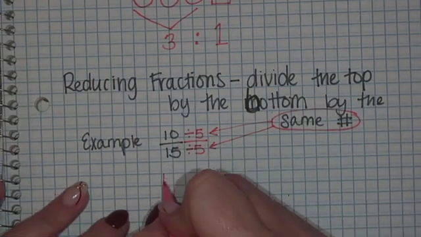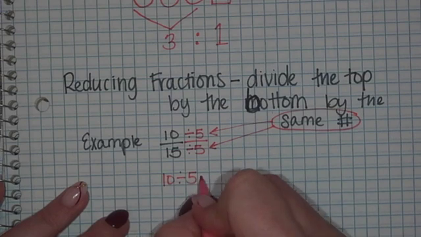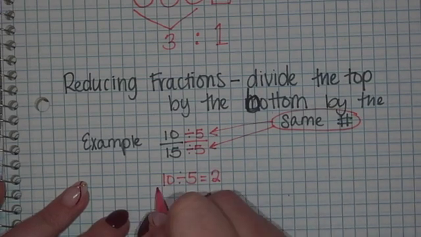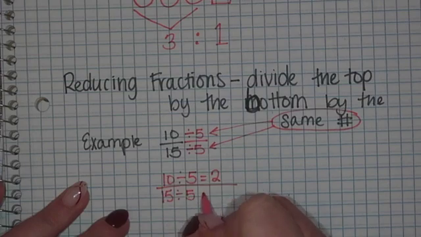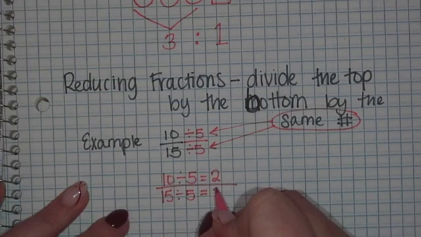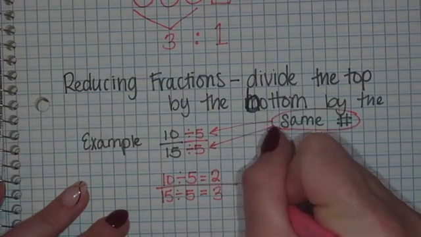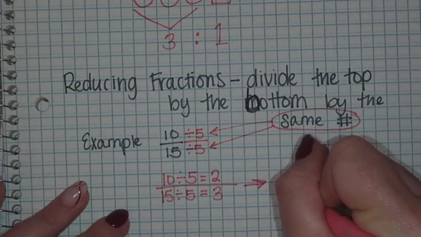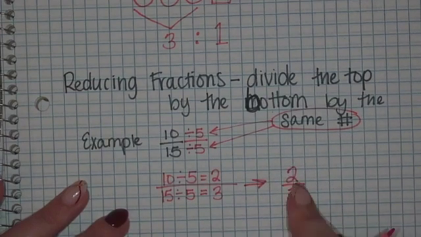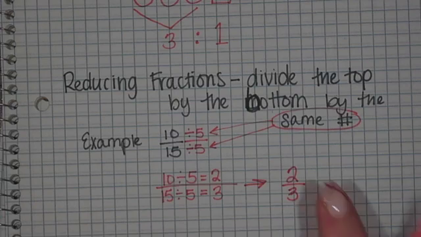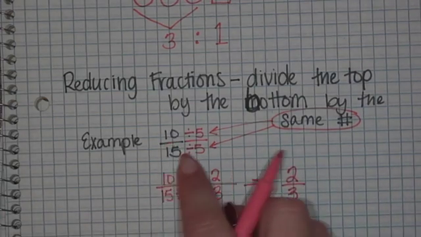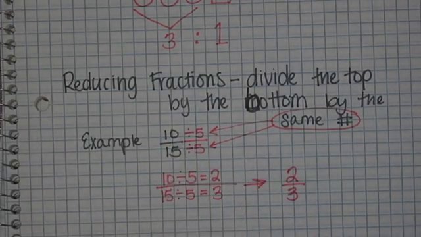So 10 divided by 5 equals 2. 15 divided by 5 equals 3. So your reduced fraction would be 2/3. 2/3 is the reduced fraction for 10/15.